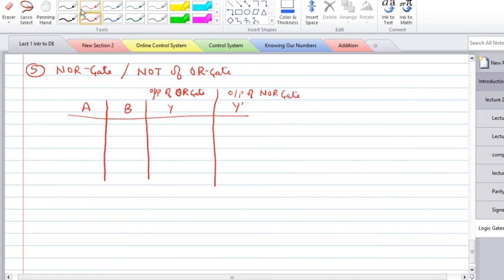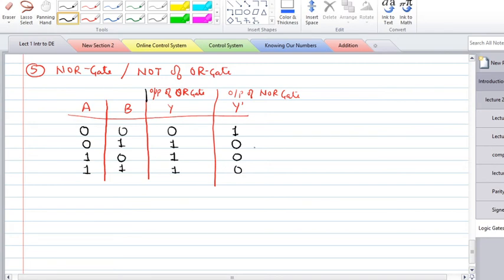Then for 0 0, the output of OR gate will be 0. So the output of NOR gate will be 1. For 0 1, OR gate has output 1. So NOR gate has output 0. Similarly, for input combination 1 0, the output will be 1 for OR gate and NOR gate will get a 0 at this position. And if inputs are 1 1, then output will be 1.